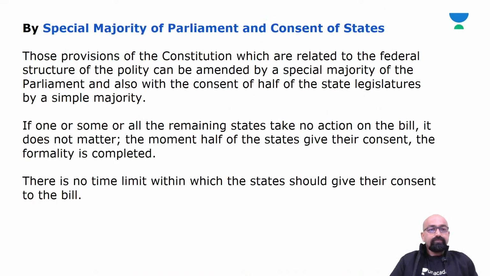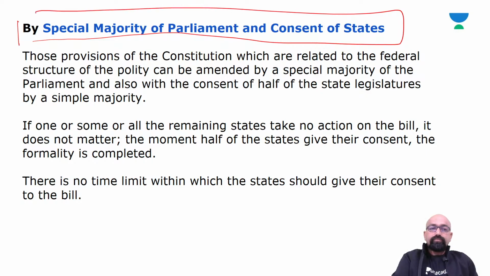Alright guys, next is special majority of parliament and consent of states. Now the third type is amendment by special majority of parliament and consent of states. So those provisions of the constitution which are related to the federal structure of the polity can be amended by special majority of parliament and also with the consent of states, that is consent of half of the state legislatures by a simple majority.